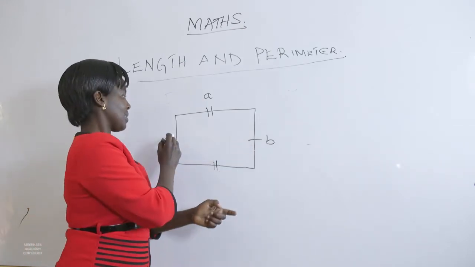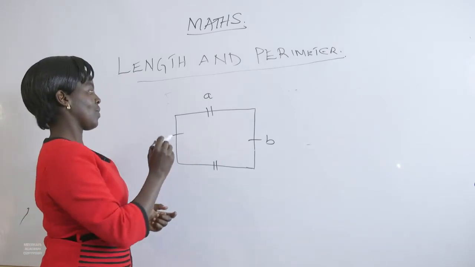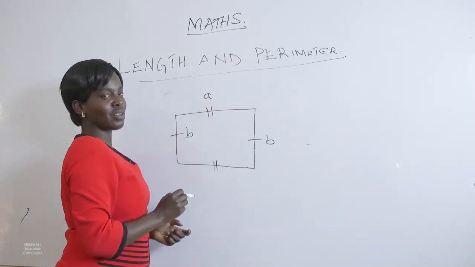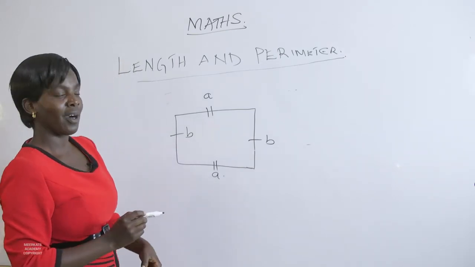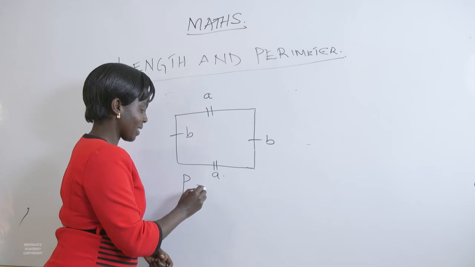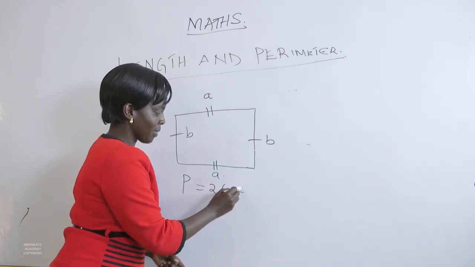And this side is equal to that side because they have the same markings. So then this one will also be B, and this one will be A. If you can remember our formula, the perimeter of a rectangle we said is equal to 2 into length plus width.